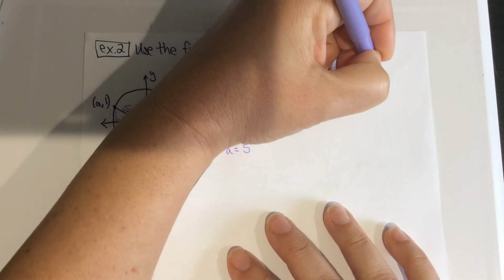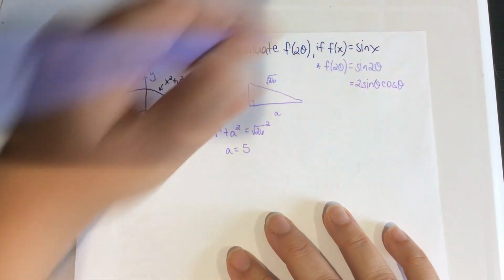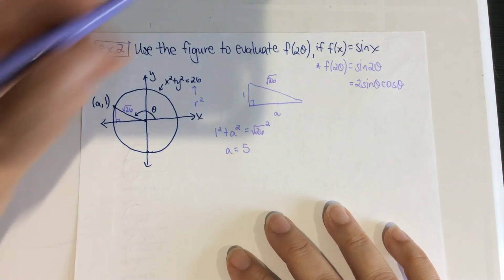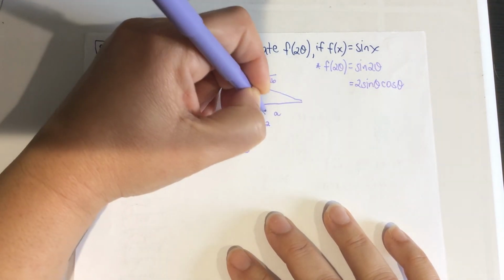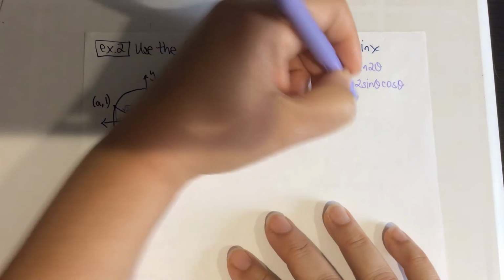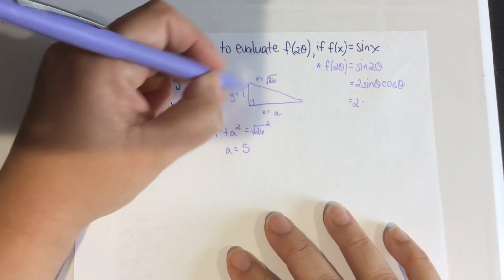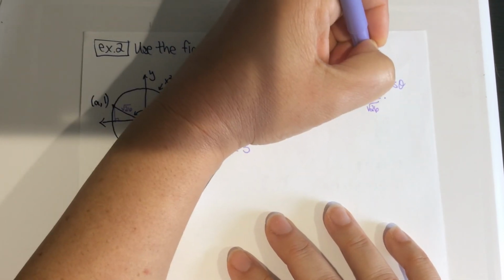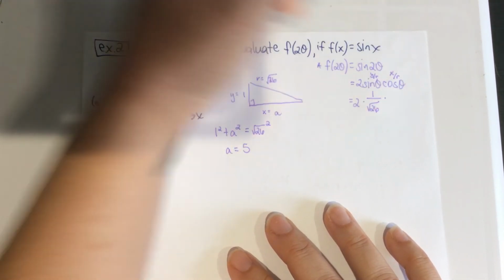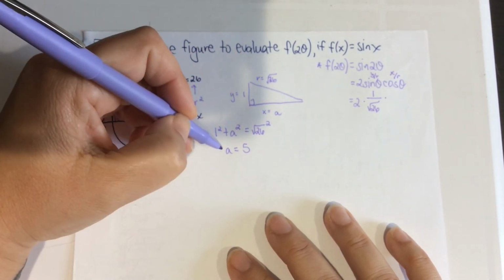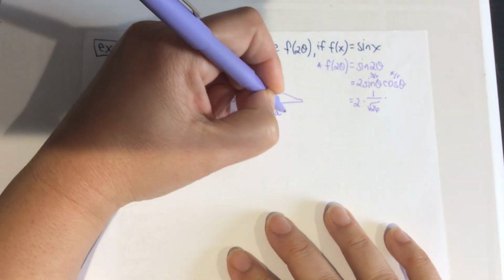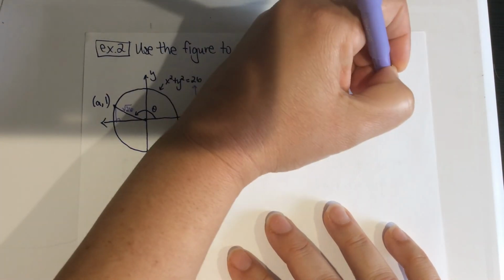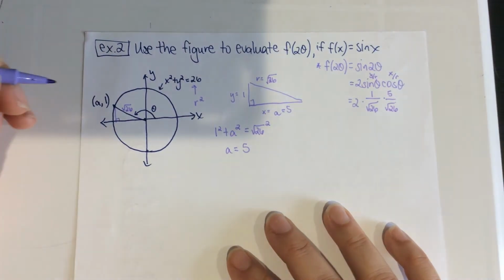Going back to the formula at the top of your page, sine of 2 theta is equal to 2 sine theta cosine theta. I know this is my y, I know this is my x, and I know this is my r. So 2 times y over r, y over r, x over r. And then the x we found was 5, right? And then x over r, 5 over rad 26.